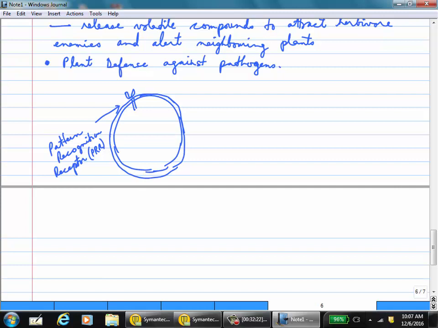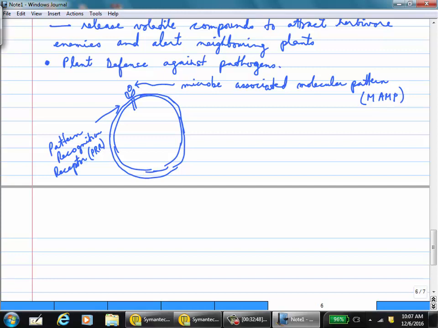So it's going to recognize this signature, which is called a microbe associated molecular pattern. So this is MAMP, right? So the PRR is going to recognize the MAMP, right?